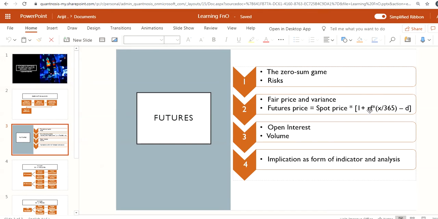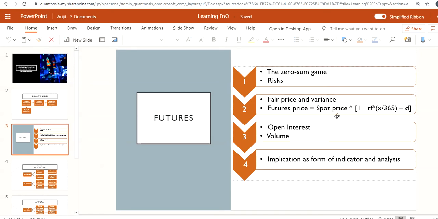RF is the risk-free interest rate, similar to what we discussed in the option calculator, which comes from the treasury bill. And X is the number of days left till expiry.